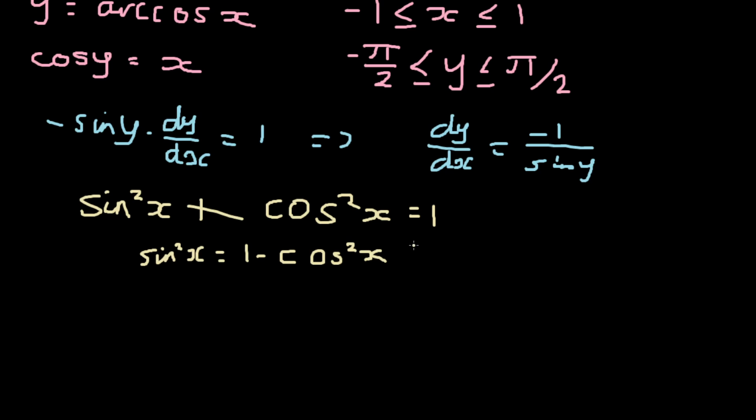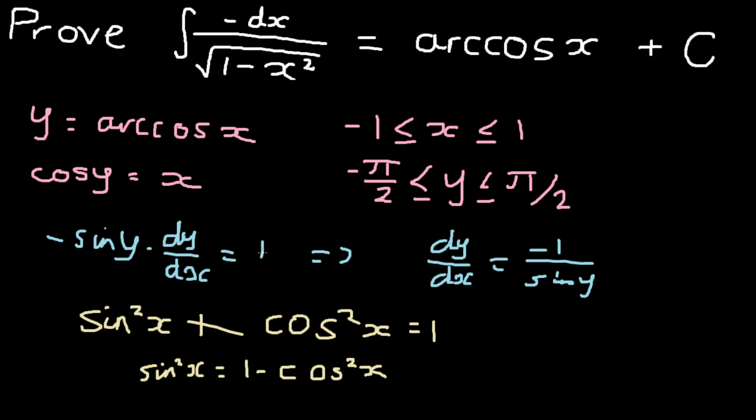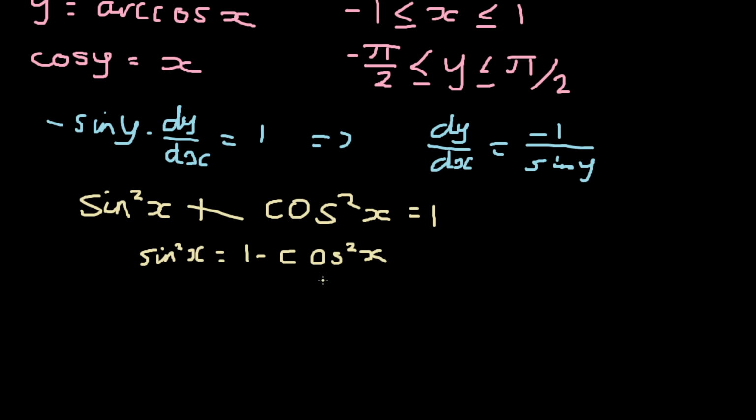Now, if we take the square root of both sides, we're really only looking at the absolute value of sine x. For our purposes, it's fine. In general, it's not usually fine. But we can, for now, look at sine of x as the square root of 1 minus the cosine squared of x.